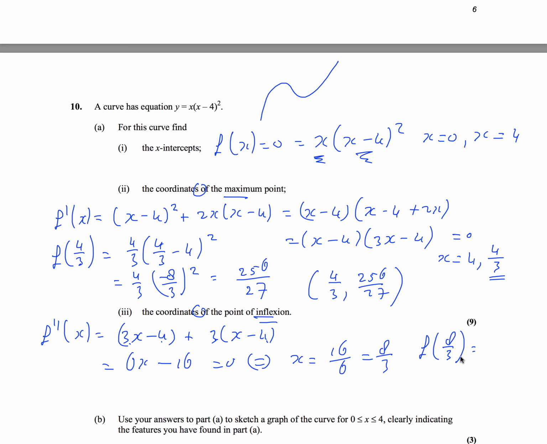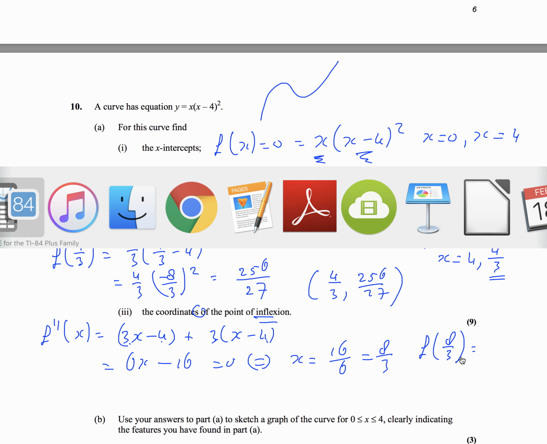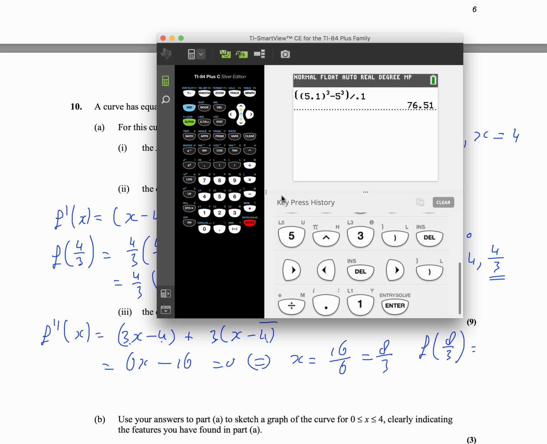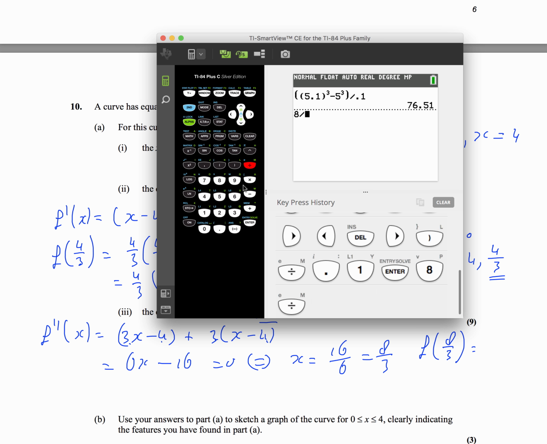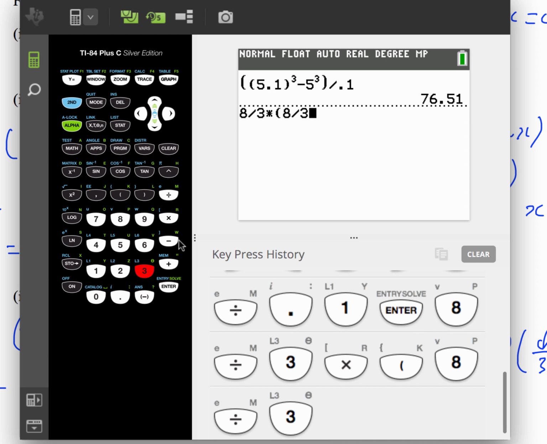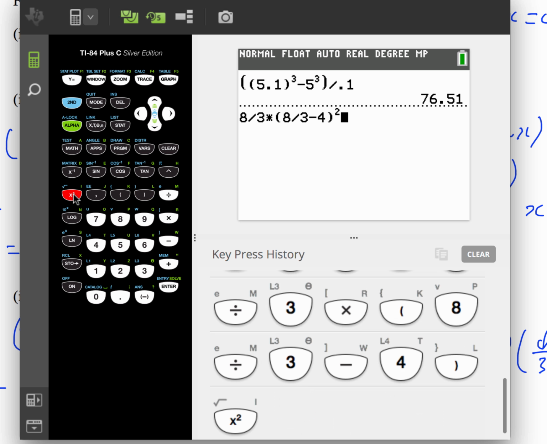Let's do the calculator for now. Let's see if that works. Okay, so I've got 8 divided by 3 times 8 divided by 3 minus 4 all squared. Right.